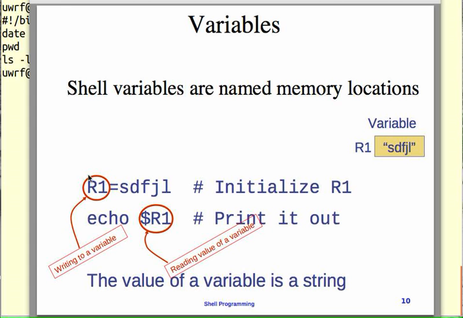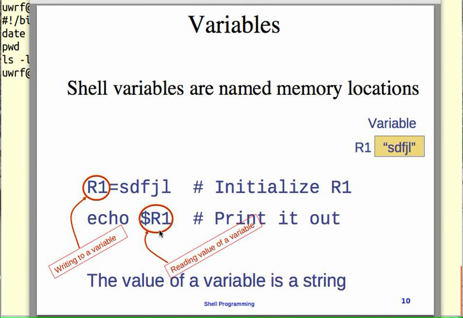Okay, so once you set the contents of a variable, how would you use it? Well, here's an example. You can print it out by using the echo command, and you have to use the $ sign. So this is one thing that's different about a lot of interpreted languages as opposed to things like C or Java. In C and Java, variable names are treated the same whether you're assigning values or getting what's stored in them.